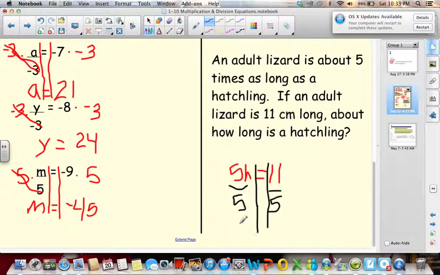So we have h equals 11 divided by 5, which is 2.2. And then we put our label, because it's a word problem. So h equals 2.2 centimeters.